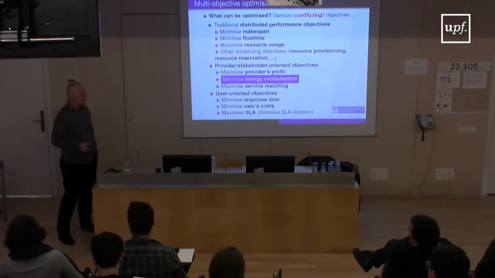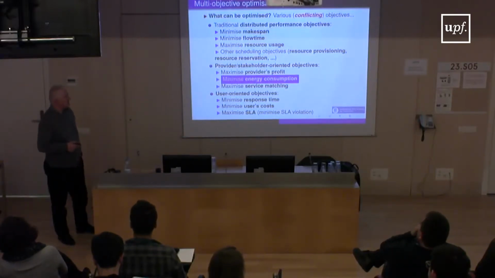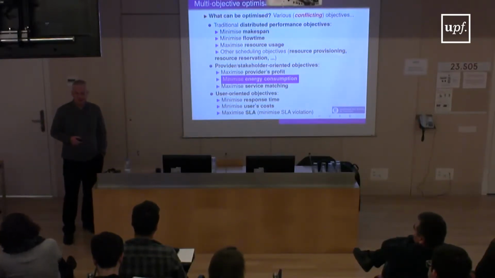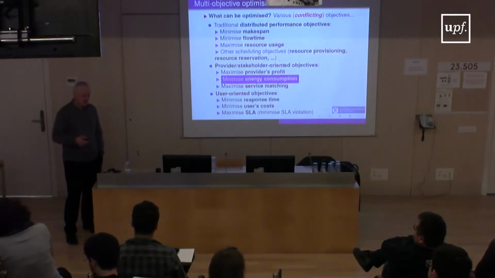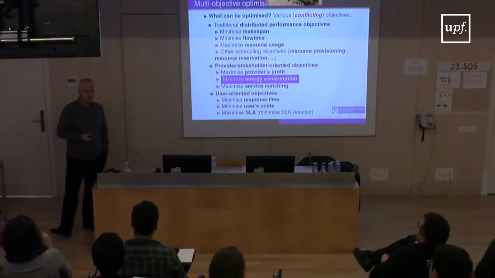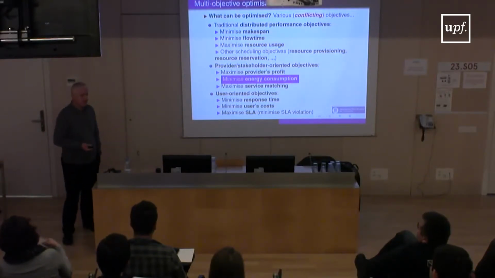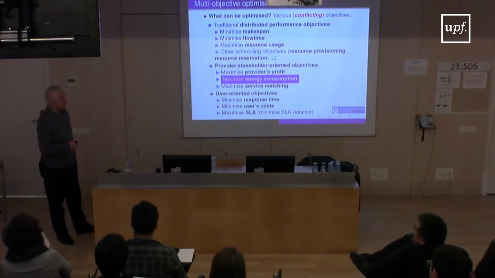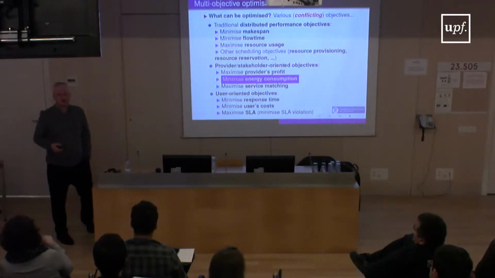That would give you the makespan. You'd like to minimize the flow time, which is the sum of the finishing times of all the jobs. So it gives you an indication of the system throughput, also of the quality of service of the whole system. You may wish to maximize the resource usage.